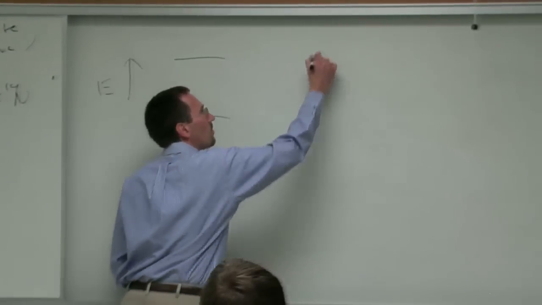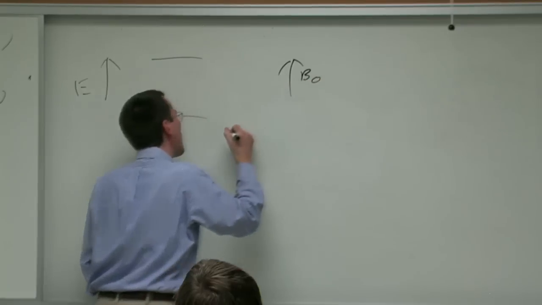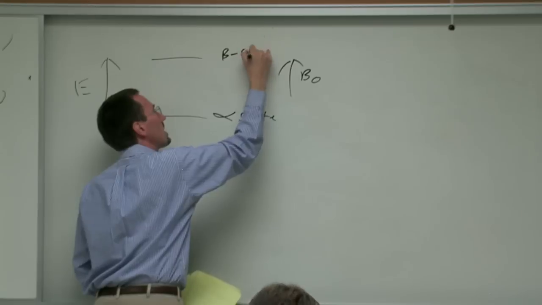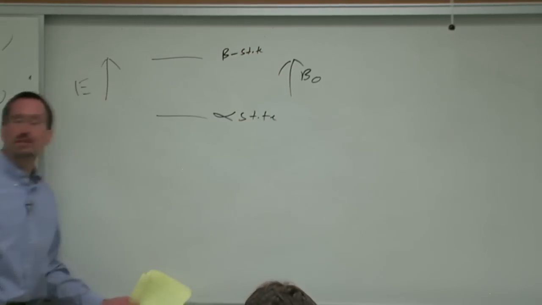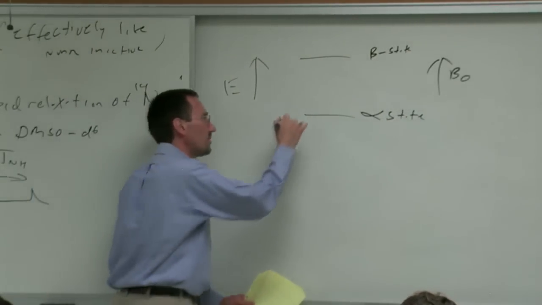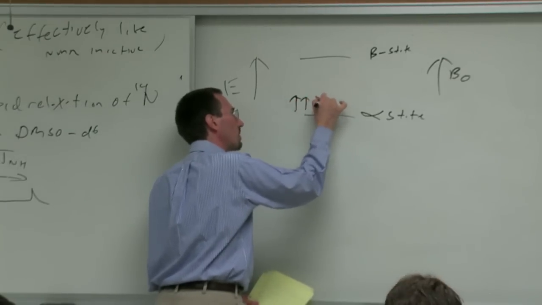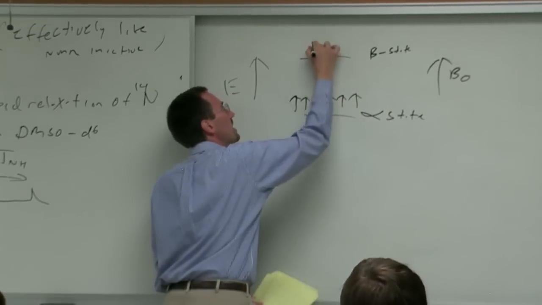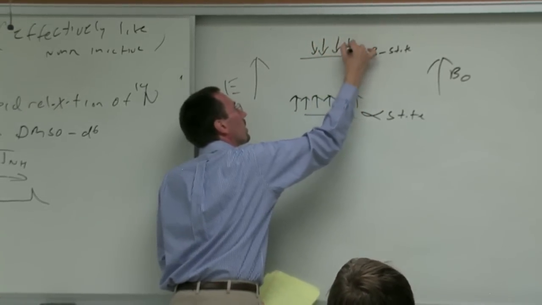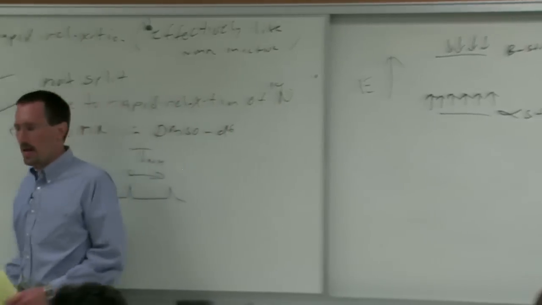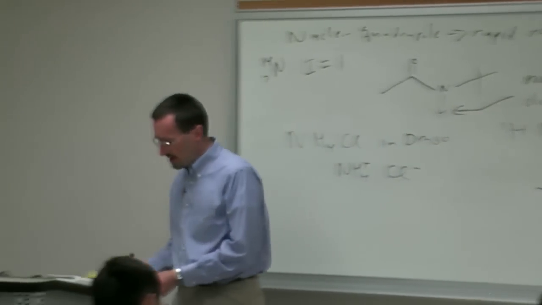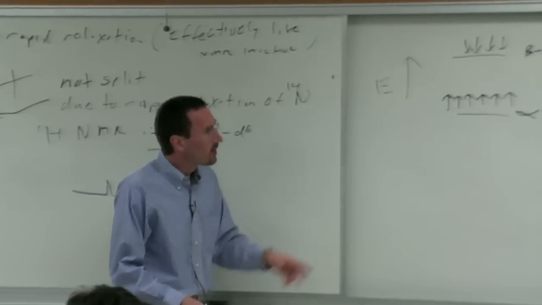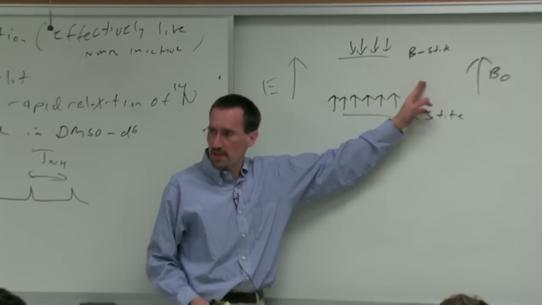But if we have our applied magnetic field B0, and we have our alpha state and our beta state, remember, the alpha state is aligned with the magnetic field. We can think about some nuclei being in the alpha state and some nuclei being in the beta state. And there's an energy gap between these two spin states.